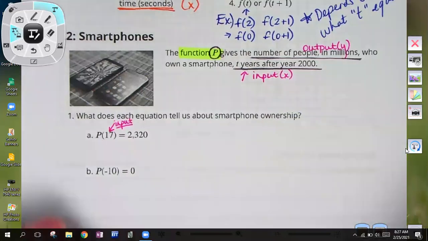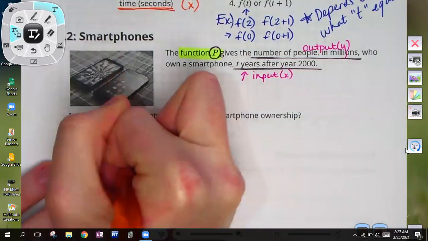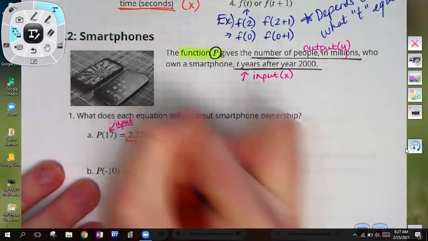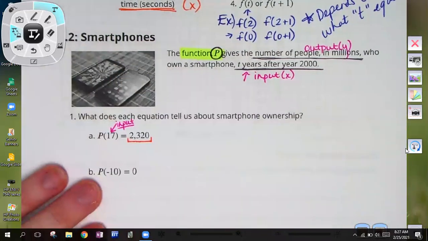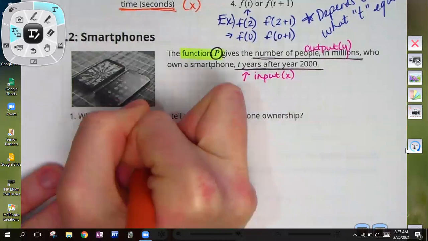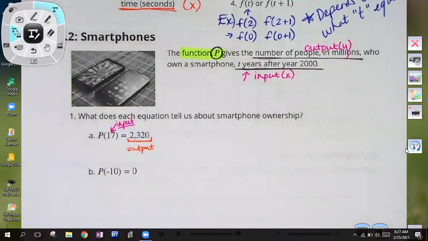So that means what all of it is set equal to is my what? My output, which is the number of people in millions. So how many people own smartphones in 2017? 2,320 million. Okay, so let's write that in a sentence.